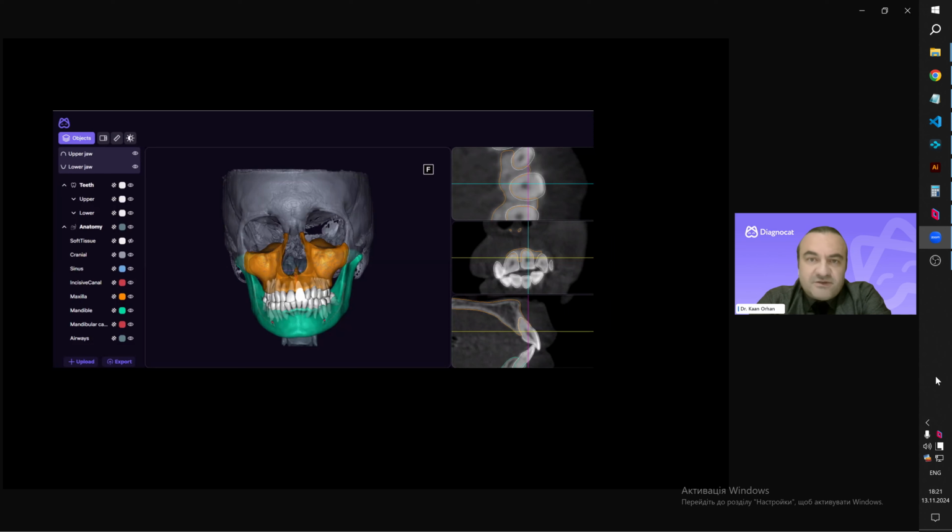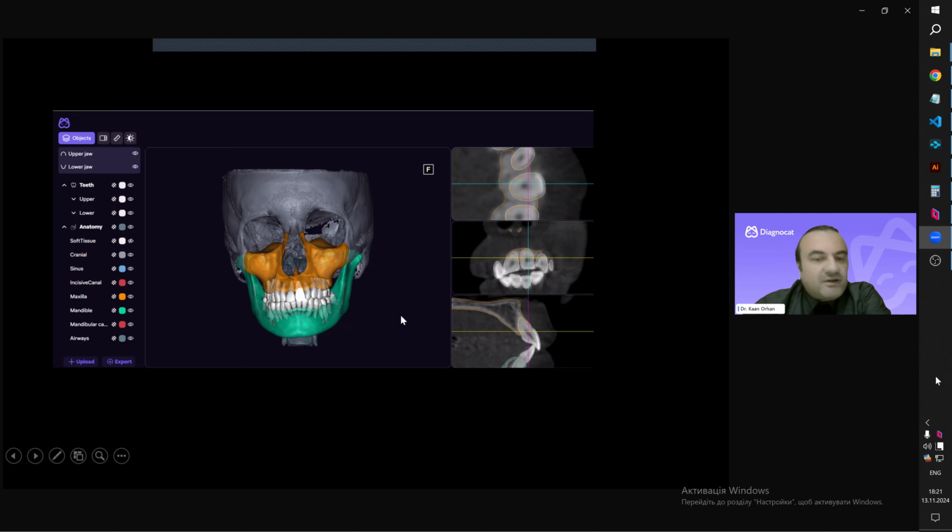Of course, not just in the imaging. Now we have the capability in DiagnoCat to diagnose vertical, horizontal, and 3D 3-wall periodontal pathology as in the slide. See how nicely it's segmented from the CBCT image to detect the periodontal bone loss.